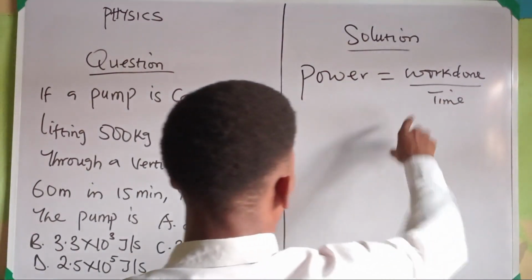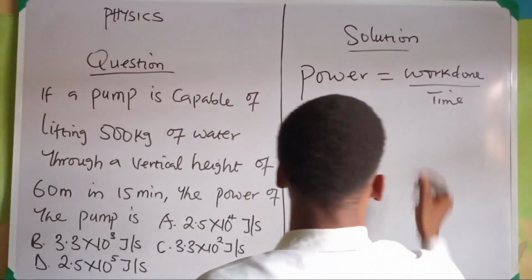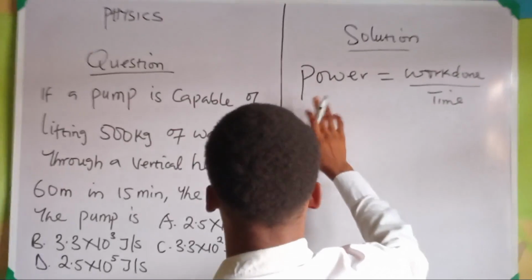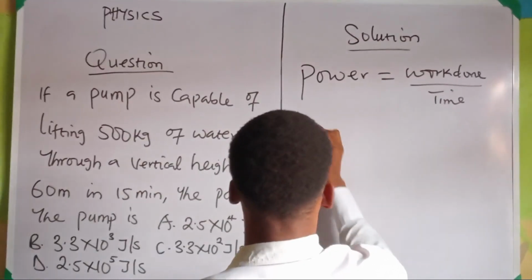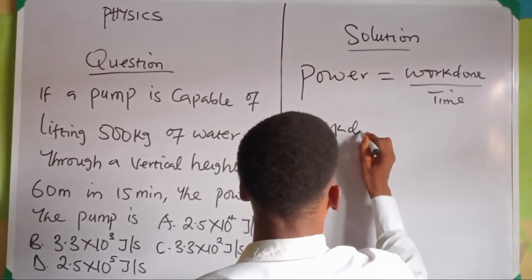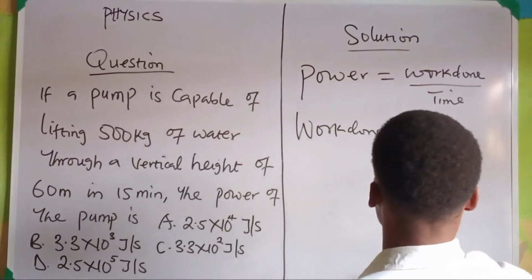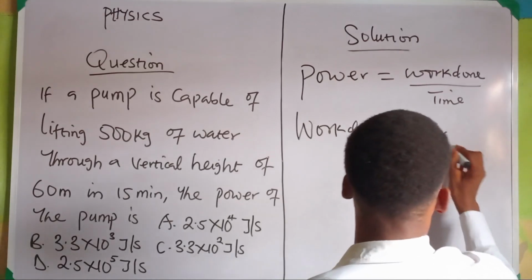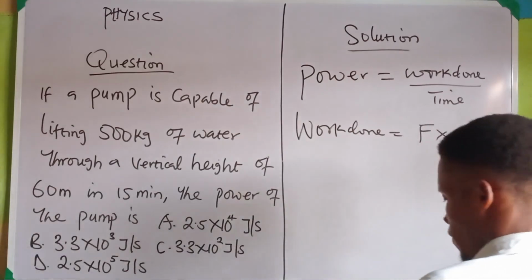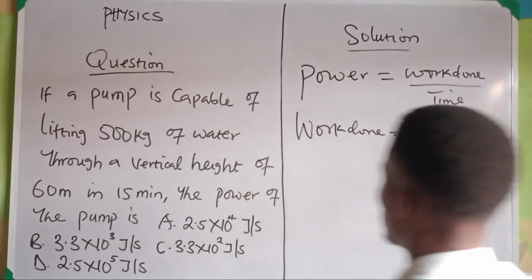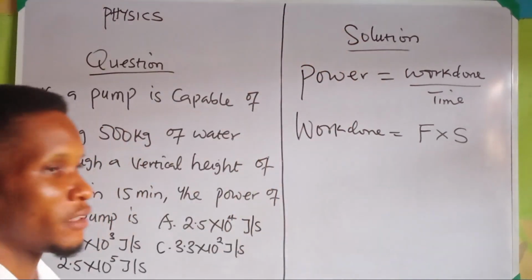Remember, we are given work done per time as the formula for power, but we don't know what the work done is. We can recall also that work done is equal to what? Force times what? The distance. The force being applied, and you know why the load was being lifted.